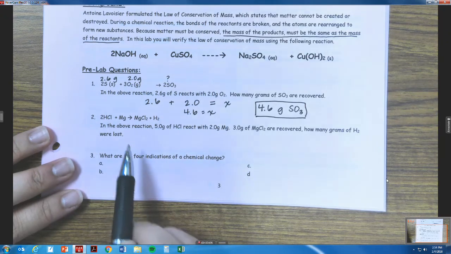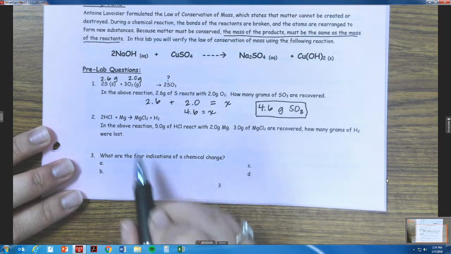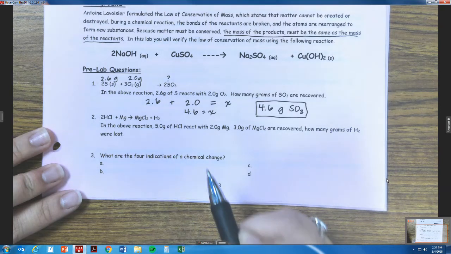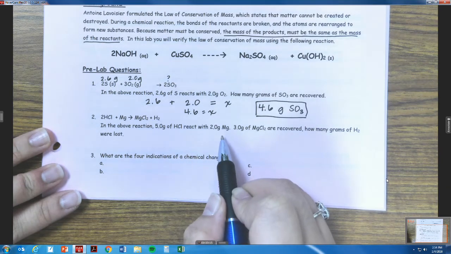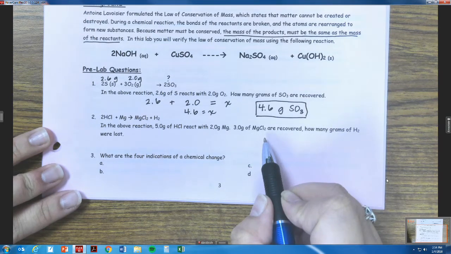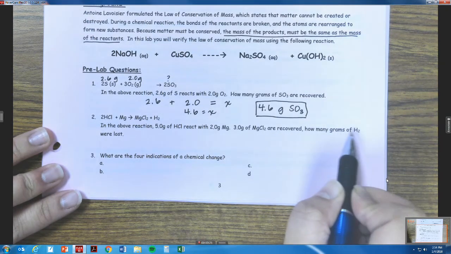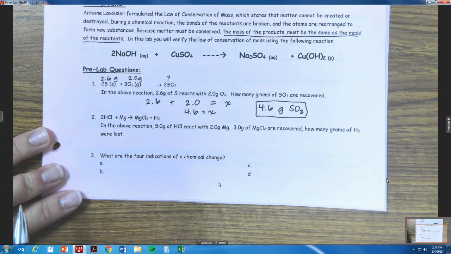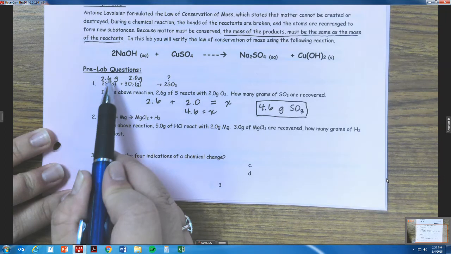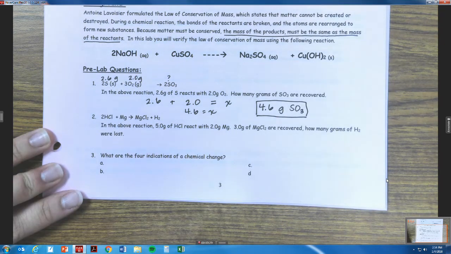So in the above reaction, 5 grams of hydrochloric acid react with 2 grams of magnesium. 3 grams of magnesium chloride are recovered, and how many grams of hydrogen were lost? Okay, so again, I like writing my numbers above it just so I can see where they're supposed to go.